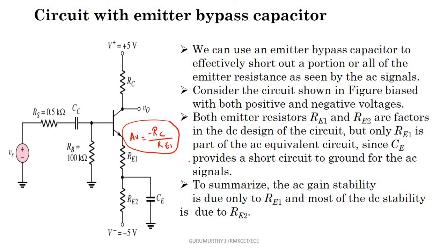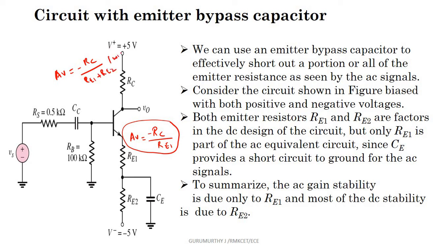When you consider DC analysis, this RE1 and RE2 are going to stabilize my Q point. So the contribution of RE1 and RE2 will be present in the case of DC. When you consider AC analysis, the presence of this bypass capacitor improves the gain. So without this CE, the approximate gain is RC over (RE1 plus RE2).